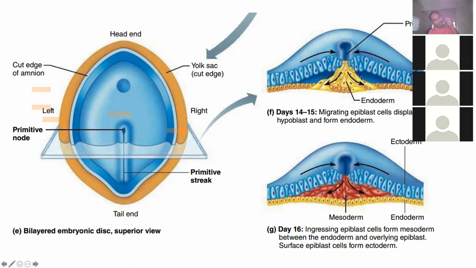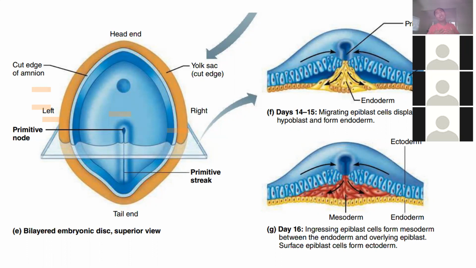The epiblast will create cells called mesoderm, and the epiblast will gradually change into ectoderm. Now we have three cell layers: ectoderm, mesoderm, and endoderm. So at 3 weeks, we have 3 layers. That is final. There are no more 4 weeks and 4 layers.